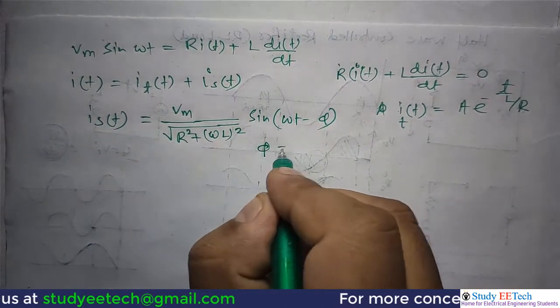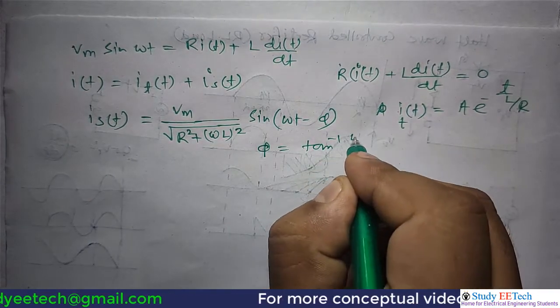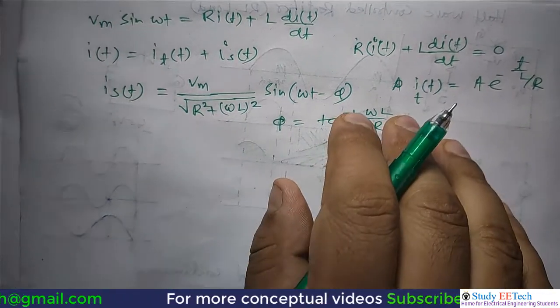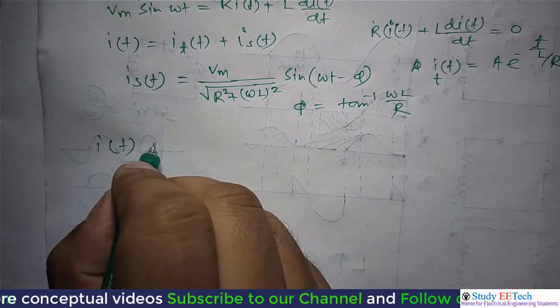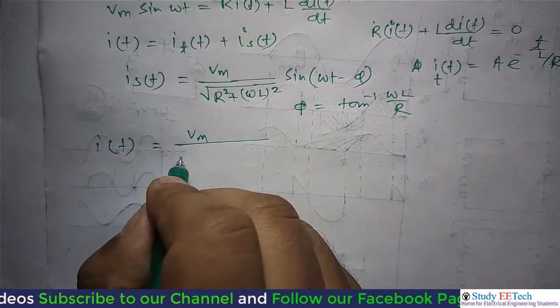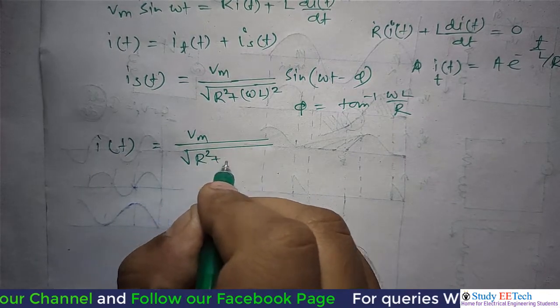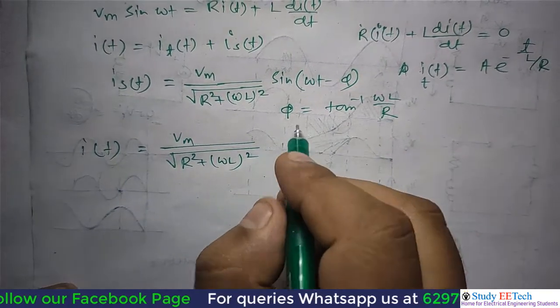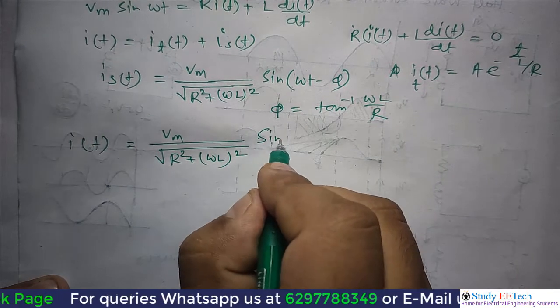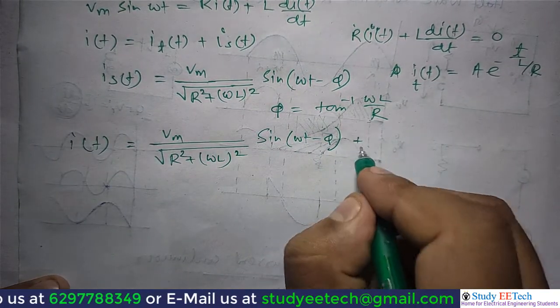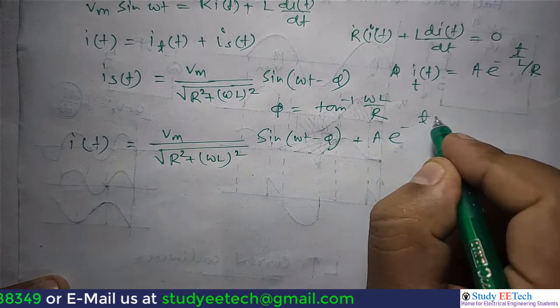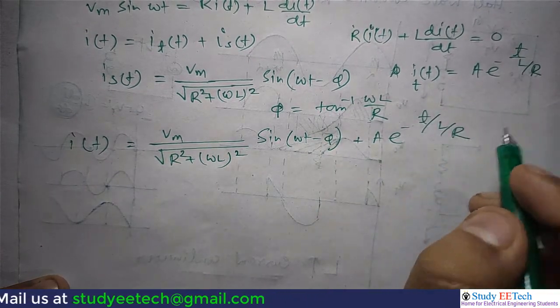The phi will be tan inverse of omega L by R, and the complete solution will be i(t) equal to Vm by root over R square plus omega L whole square into sin(omega t minus phi) plus A into e to the power minus t by L by R.